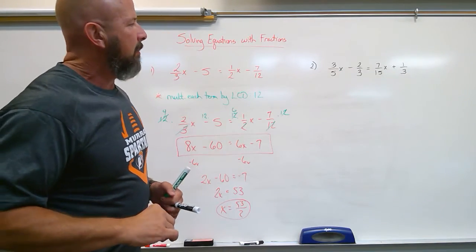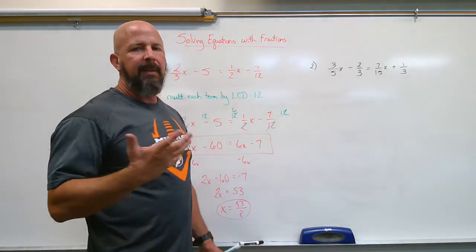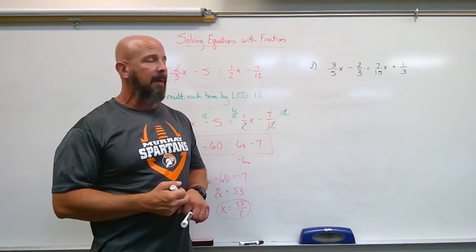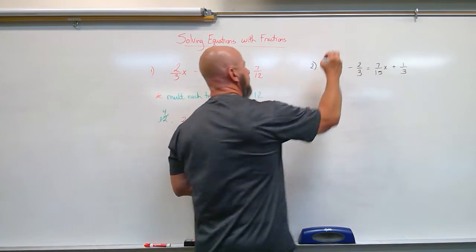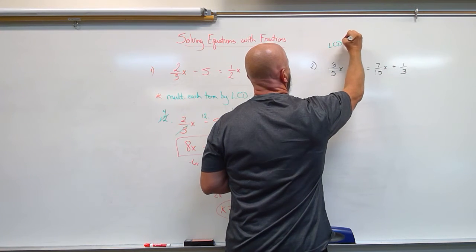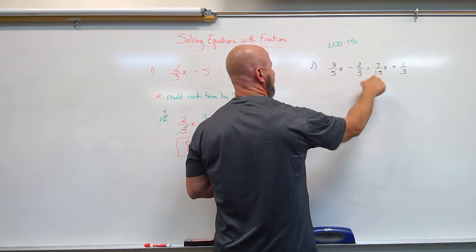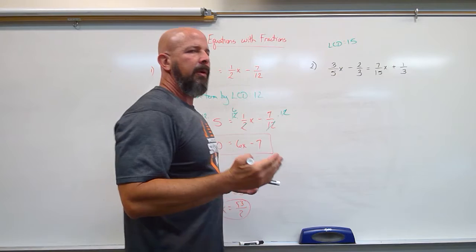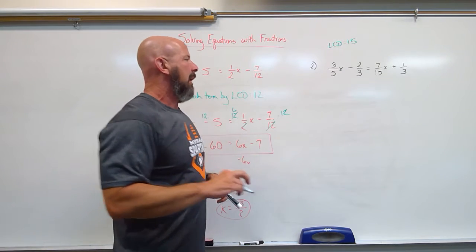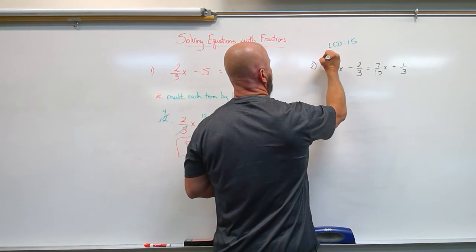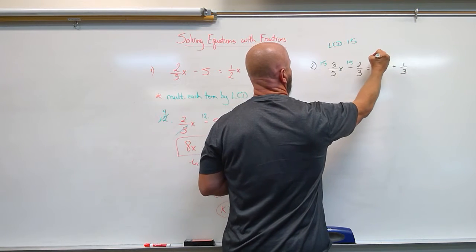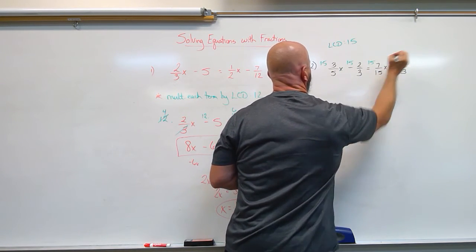So I'm looking at a 5, a 3, and a 15, and I'm thinking, what is my least common denominator? In this case, it would be 15. 5, 3, and 15 all go into 15. So what I'm going to do is multiply each term by 15.